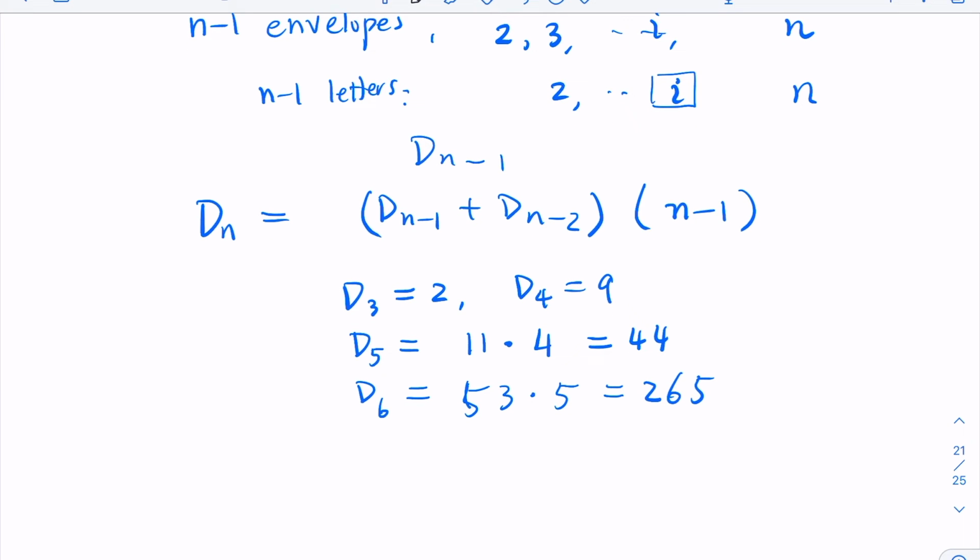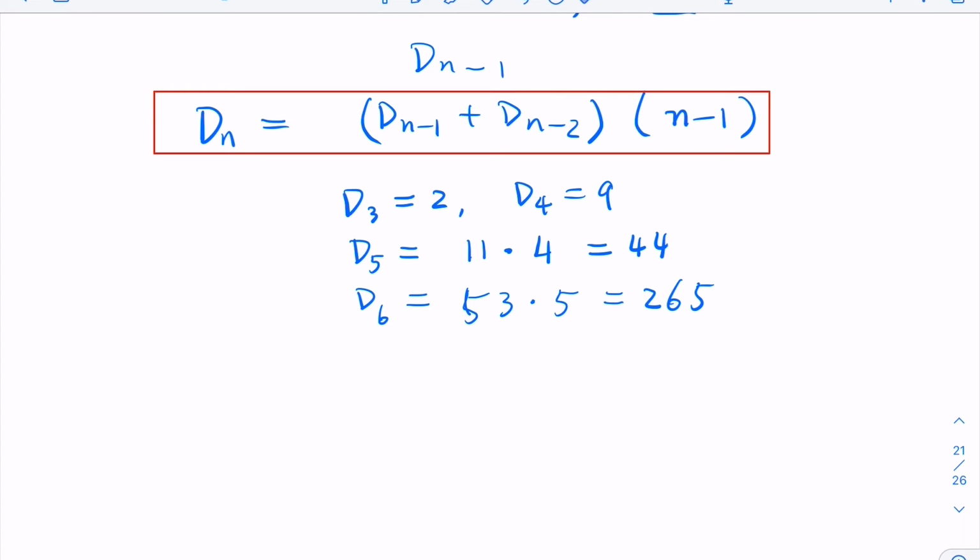Okay, so now in general, can you have an equation for d_n? Because right now you only have the recurrence. So what we can do with this recurrence is solve it by rewriting it. We can rewrite this recurrence by moving n times this term to the left hand side. So let's do that. That's going to be d_n minus n d_{n-1}.